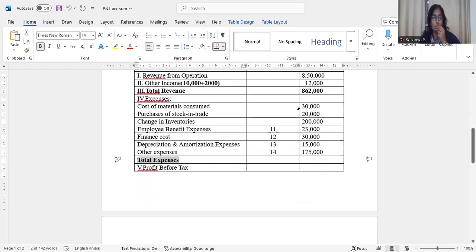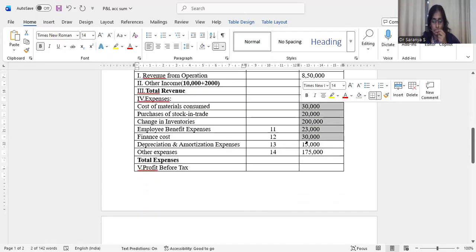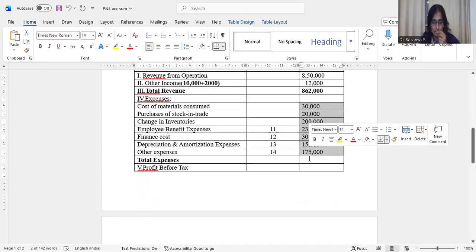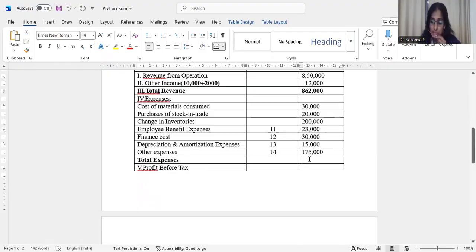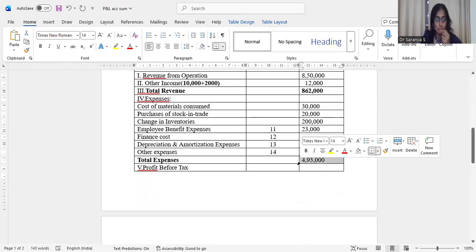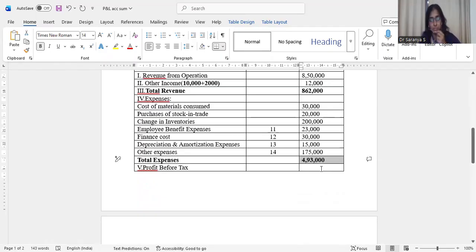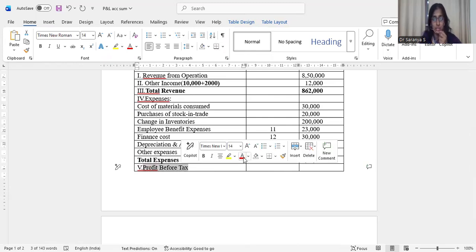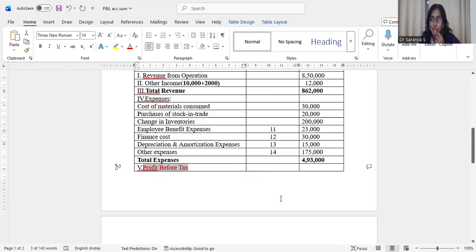Now we will find out the total expenses, which means the total of these highlighted figures. Here we will get 4,93,000. So total expense is 4,93,000. Now we have to find out the profit before tax. Profit before tax is nothing but total revenue minus total expenses.